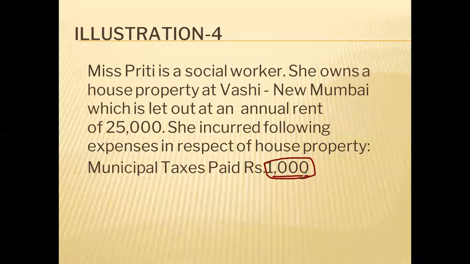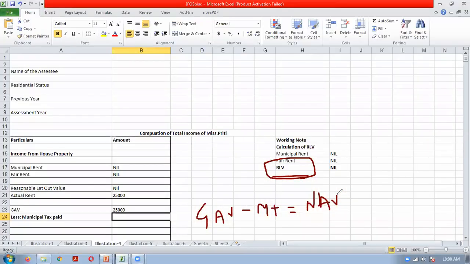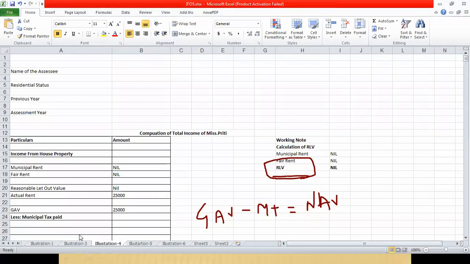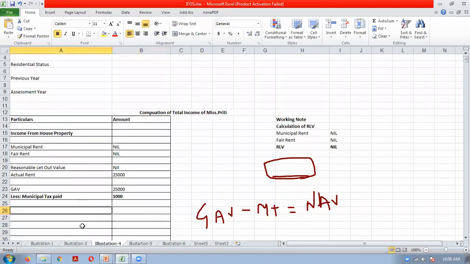So GAV minus municipal tax will be NAV, net annual value. How much? 25,000 minus 1,000.